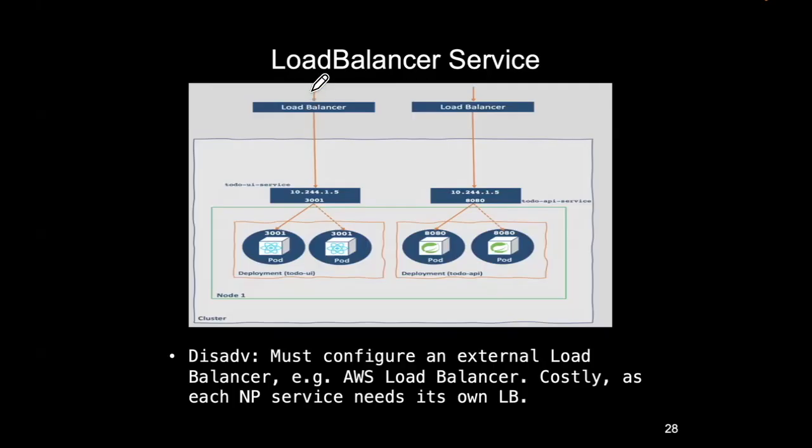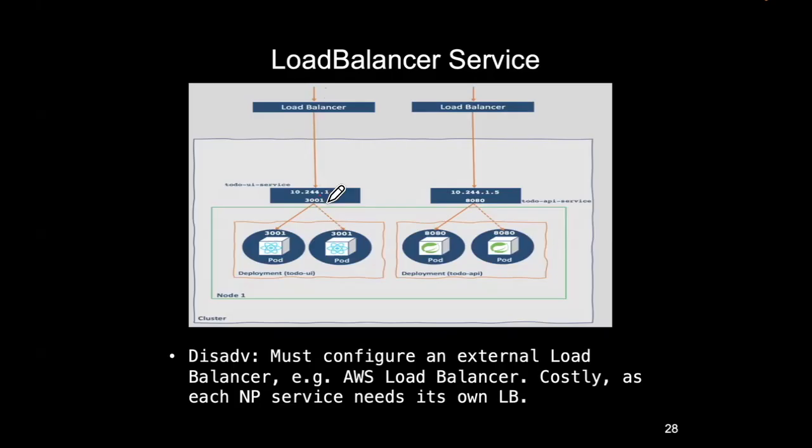So now you can access this service and by implication, these pods via the load balancer. This service here, its type now would be the load balancer type. The rest of the configuration of this service is the same as with cluster IP or indeed node port.